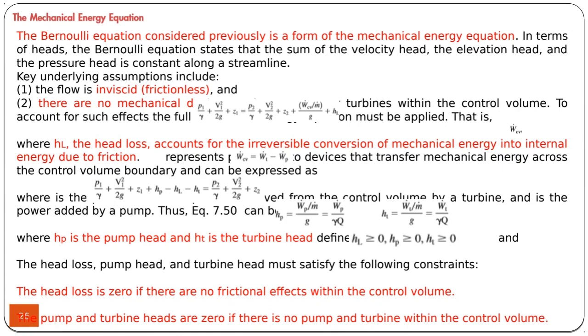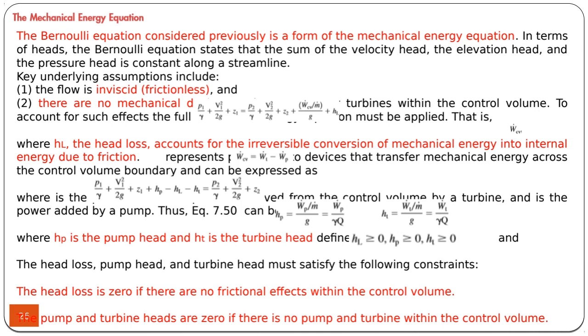Up to now, we mentioned that in the Bernoulli equation, we assume there is no friction, there is no loss, there are no power adding devices like pumps or power extracting devices like turbines, but in real life, there may be inclusion of pumps and turbines.